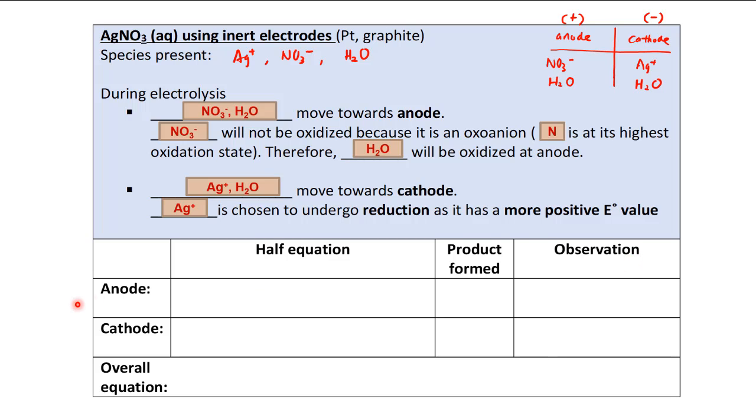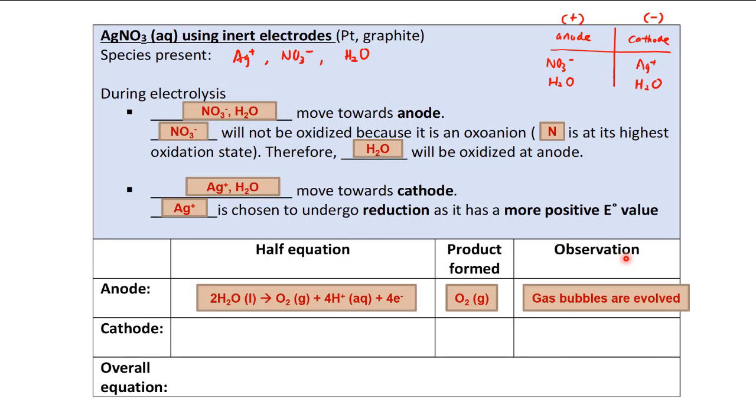For anode, since we choose H2O to be discharged, H2O undergoes oxidation to produce oxygen gas. So the product formed here is oxygen gas. The observation is what you can see: we can observe some gas bubbles released.